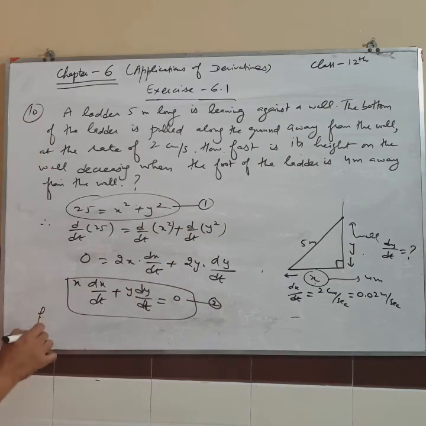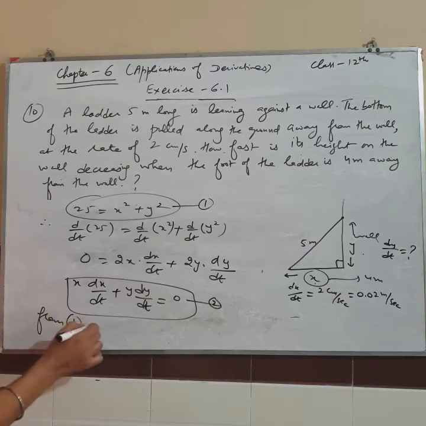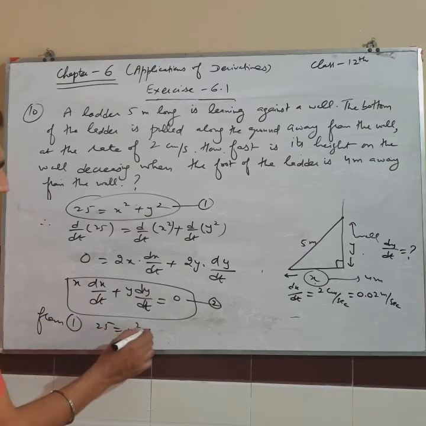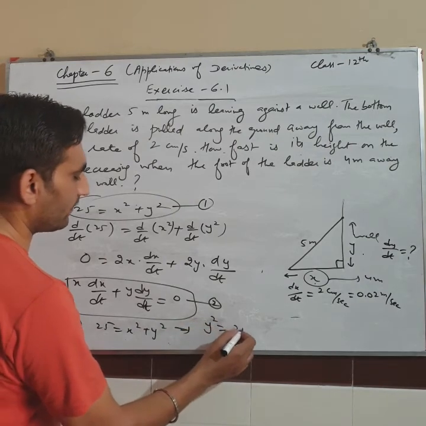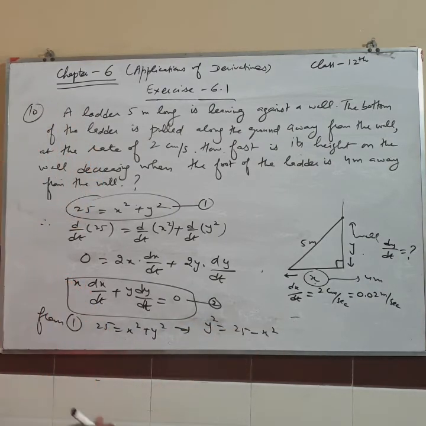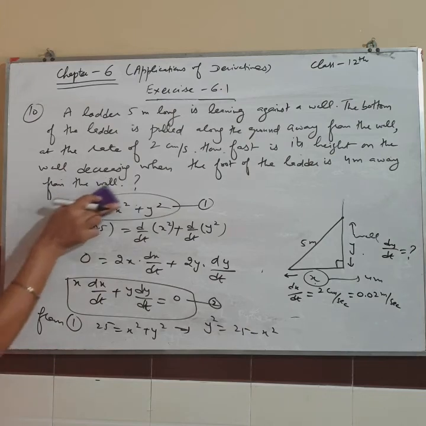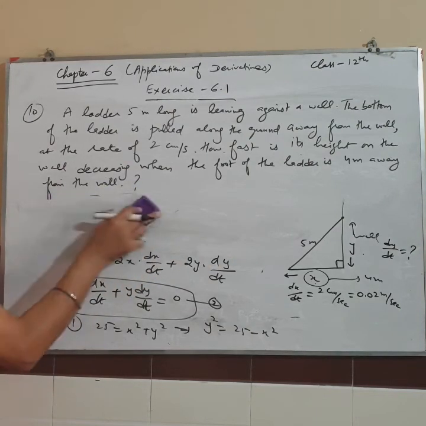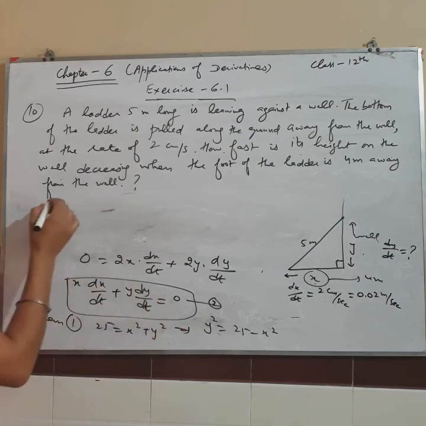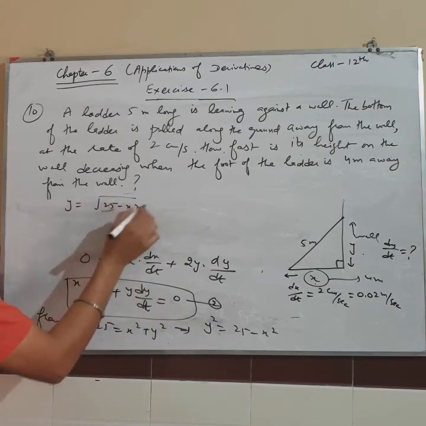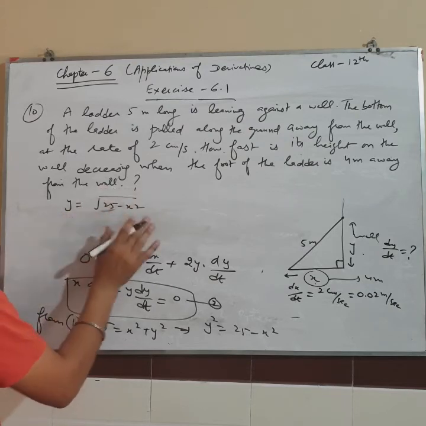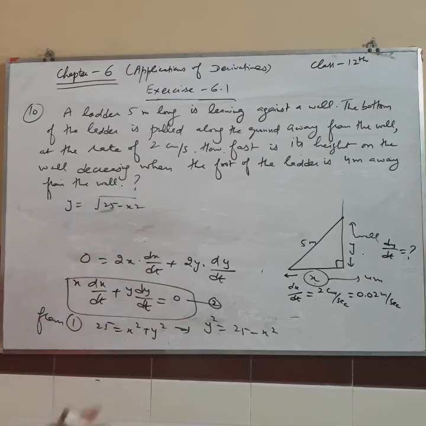So from 1, we have 25 equals x square plus y square, or y square equals 25 minus x square, or y equals the square root of 25 minus x square, because distance cannot be negative, so I am ignoring the negative sign.